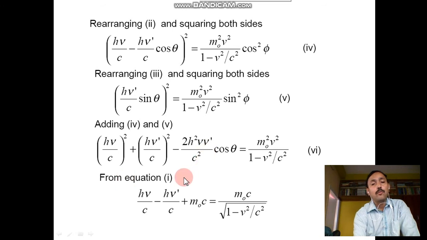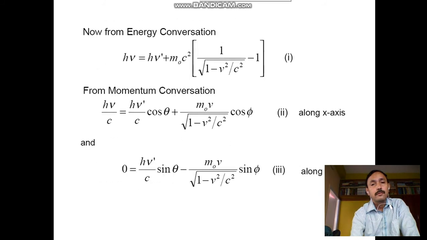Now from equation 1, h nu by c minus h nu dash by c plus m naught c is equal to m naught c by root over 1 minus v square by c square. This is equation 1.